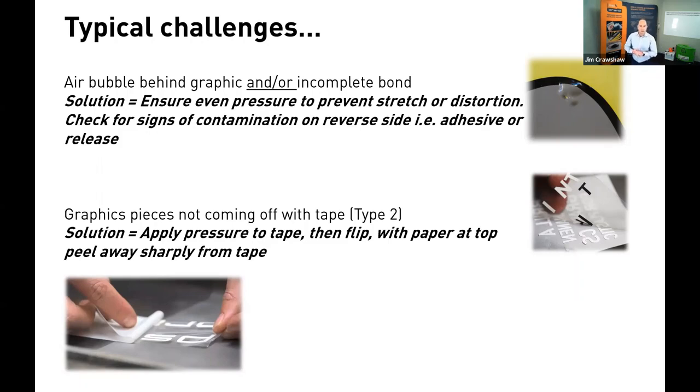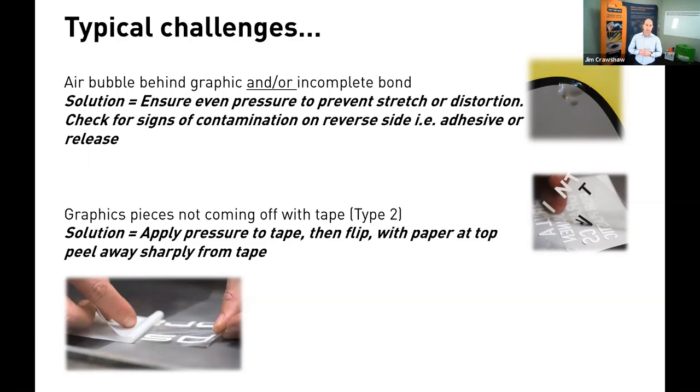And the other one there is graphic pieces not coming off with the tape. This is really specifically with type 2 graphics, and it's a well-known challenge. In the picture on the right you'll see the white release paper bench side down, and they're trying to peel the graphic away by just lifting the tape. That is not the correct way to remove these types of graphics from the backing paper.